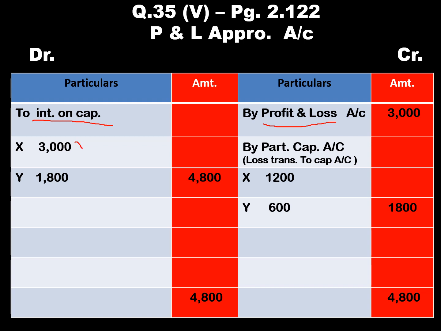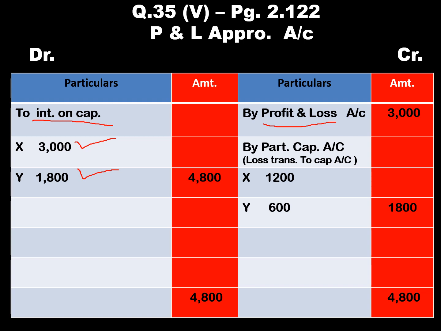X will get 3,000 rupees interest, which is 6% of 50,000. Y will get 1,800 rupees interest, 6% of 30,000. Total amount 4,800. So out of 3,000 profit, 4,800 cannot be provided, but we can incur the loss.